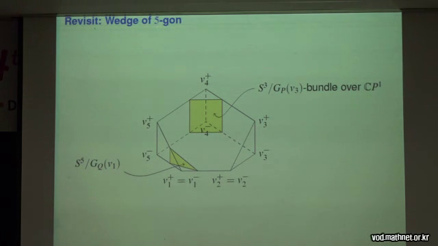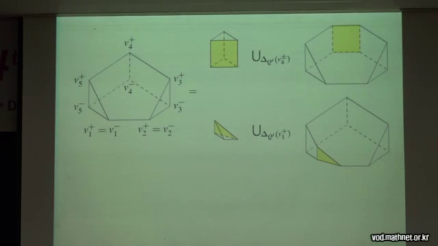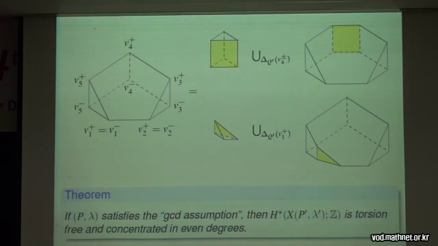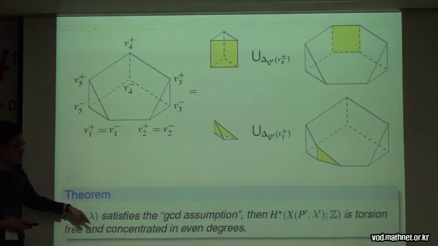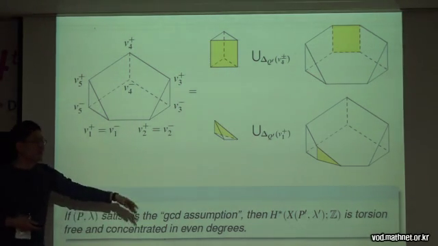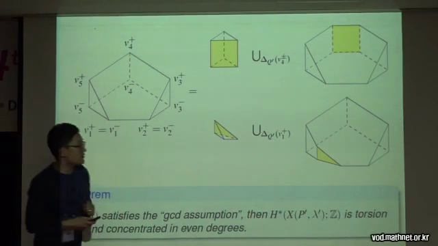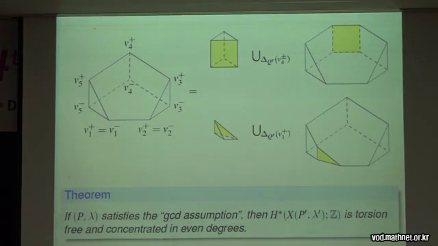Okay. So we decompose this orbit space in several ways and then compute the Mayer-Vietoris sequence or something like this. So we could show that if the original characteristic pair satisfies the GCD condition, then the new toric orbifold coming from the wedge of this characteristic pair is also torsion-free and concentrated in even degree.